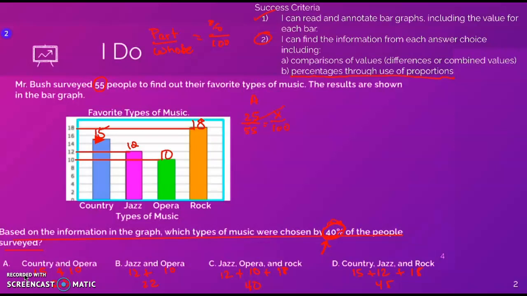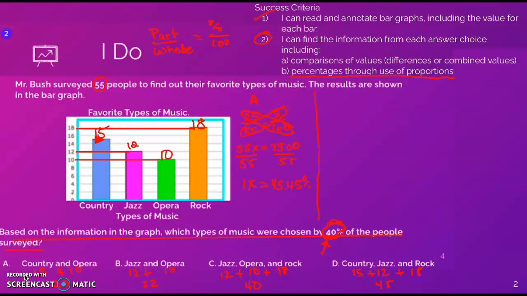Cross multiplying gives me 55x is equal to 2500. I know that I'm multiplying, so the inverse of multiplication will be division. I'm dividing by 55. This gives me 1x, and 2500 divided by 55 comes out to 45.45%. So it's close, but not quite the answer.